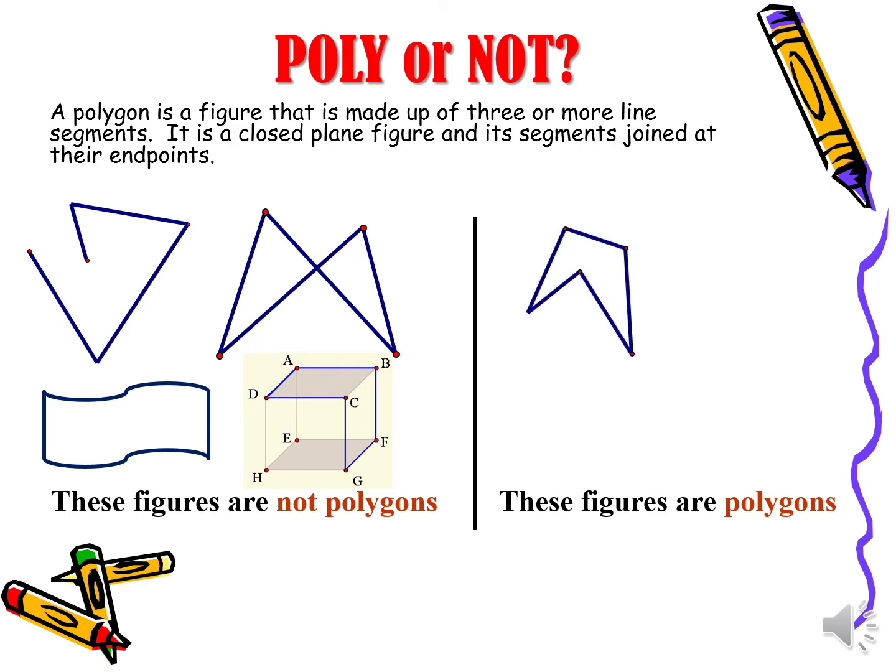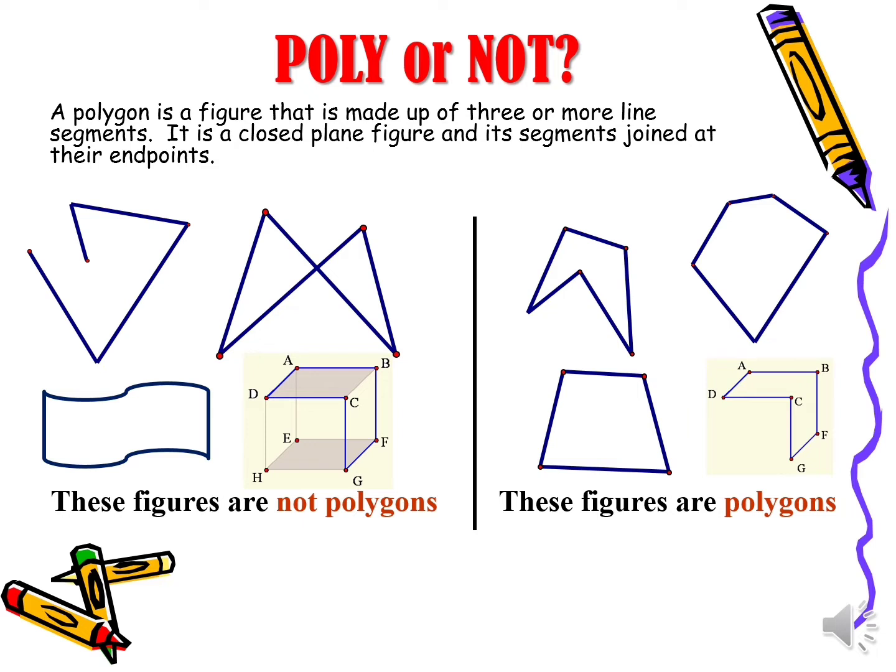Kung mapapansin ninyo, lahat ng figures ay inilalarawan ng definisyon ng polygon. Lahat ay sarado, patag, walang curved lines, at ang mga endpoints lamang ang kanilang intersection. So lahat ng mga ito ay polygons.